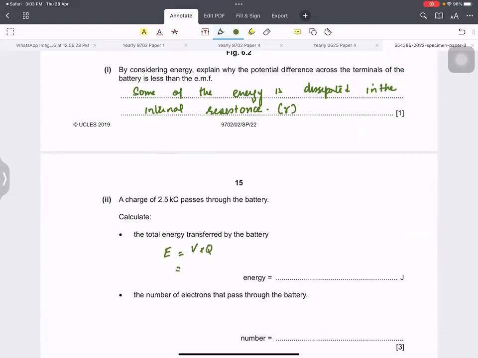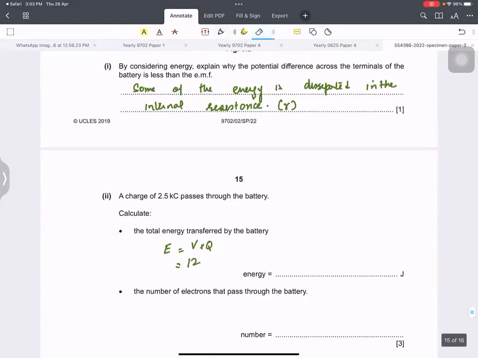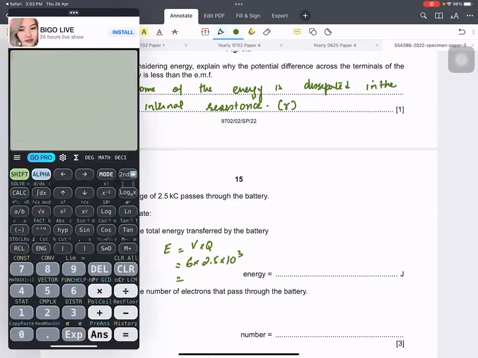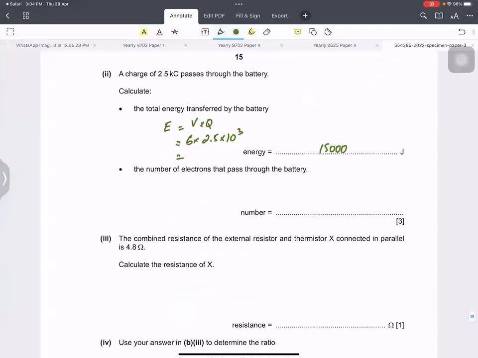So voltage is 12, I believe. Yeah, no, it's 6. And this is 2.5 times 10 raised to 3. That is 15,000 joules. Okay. Pretty simple.